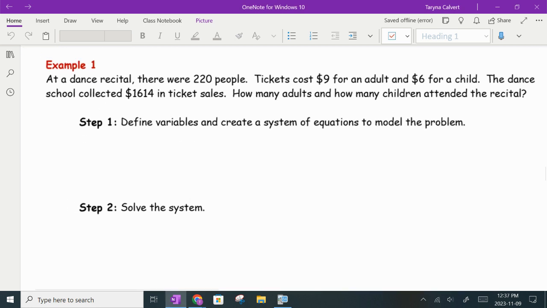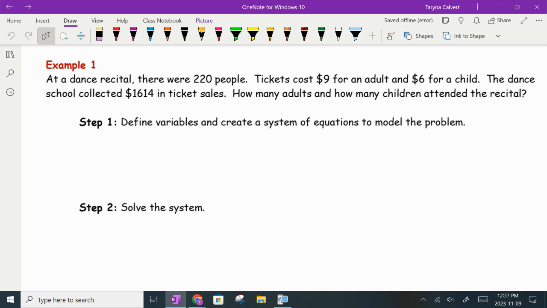So what do you guys want to use for number of adult tickets? What variable do you pick? And again, you guys can use whatever you want. So let's use A for number of adult tickets. That's what I'm going to do. And we talked about this last class.